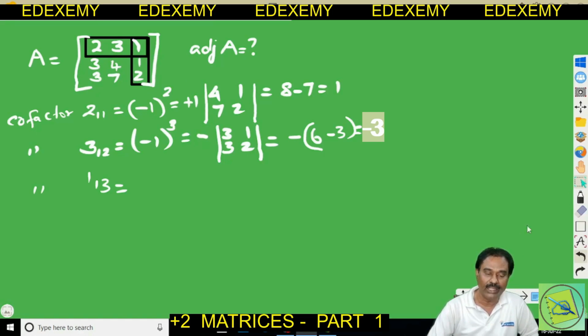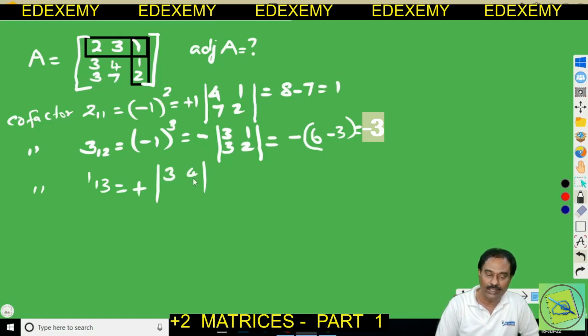Therefore, you leave that first row and third column. The remaining numbers will form the determinant, which is the minor of 1, which is in the first row and third column. Now, minus 1 to the power of 4 it will come. Therefore, automatically we will put plus.